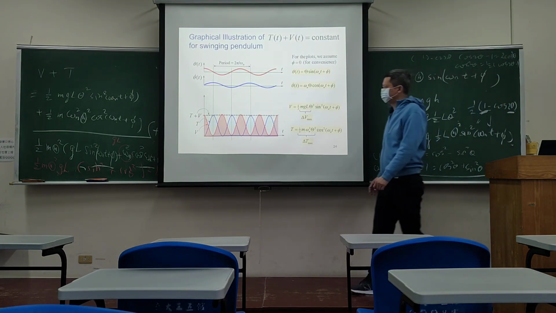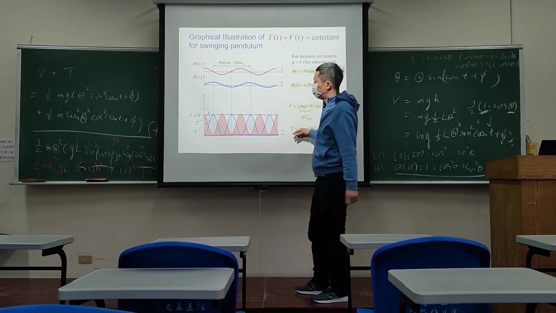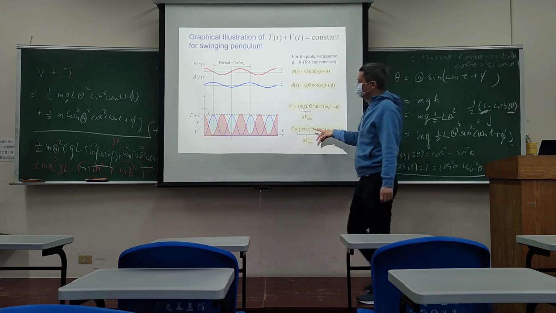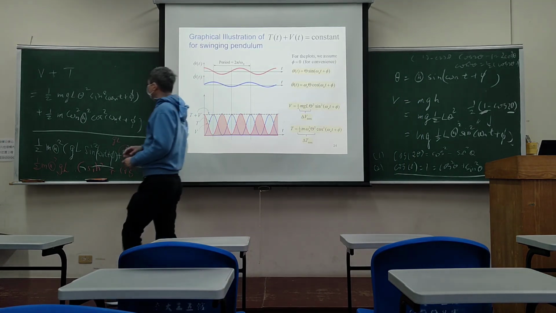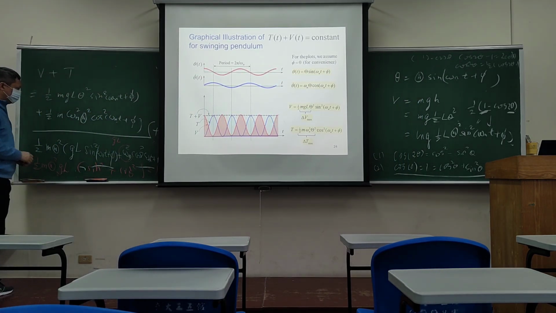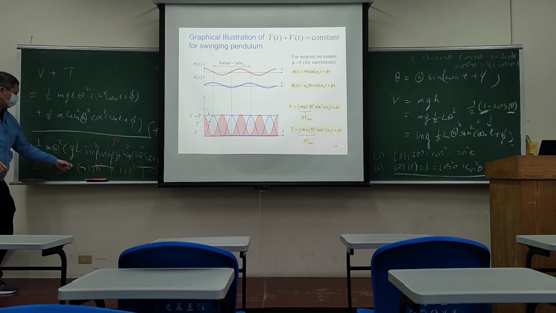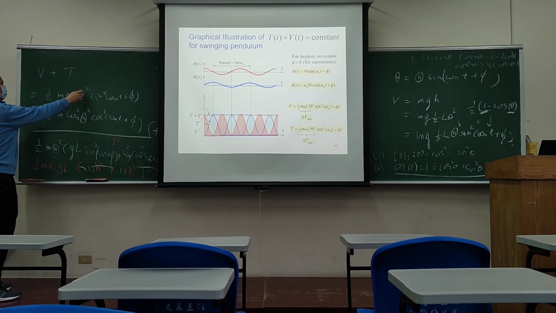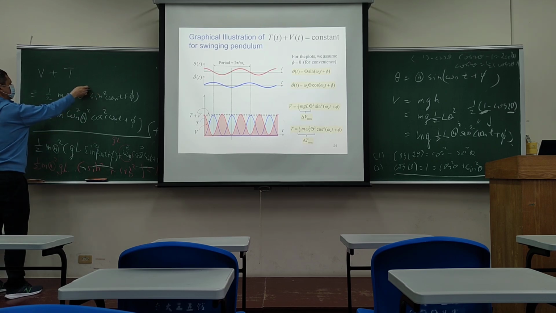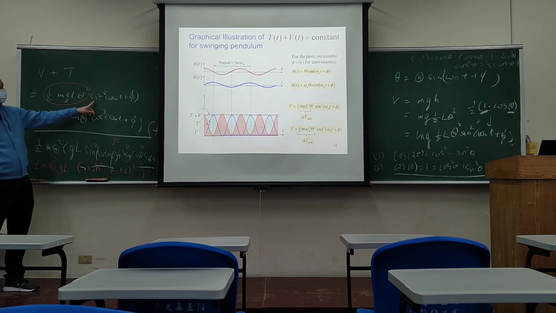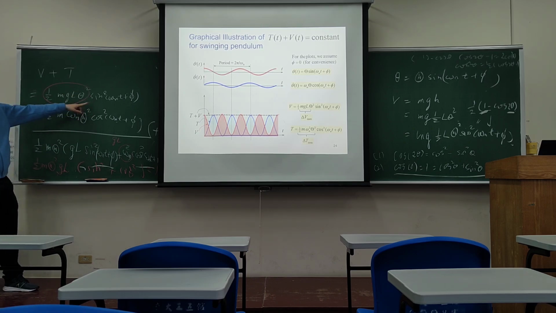On that condition, we realize one important thing. You are talking about the amplitude change. How do you get this omega n squared equal to g over l? I can get this from the amplitude change. Why do I say amplitude change?